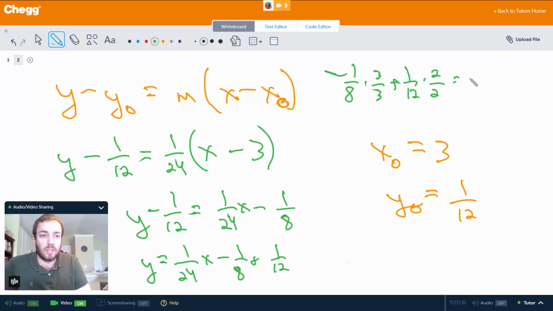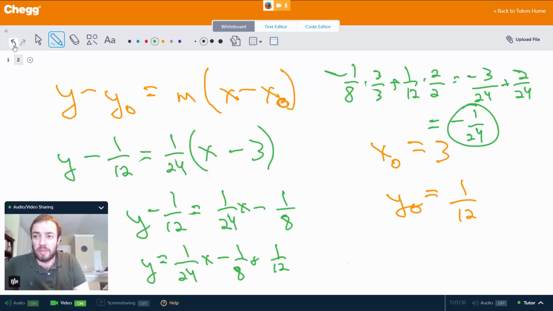So that's going to give us minus 3 over 24 plus 2 over 24. So actually, I guess we didn't really have to simplify that minus 3 over 24, but we can't really know that ahead of time. So minus 3 over 24 plus 2 over 24 is minus 1 over 24. Okay, and we can't simplify that any further.